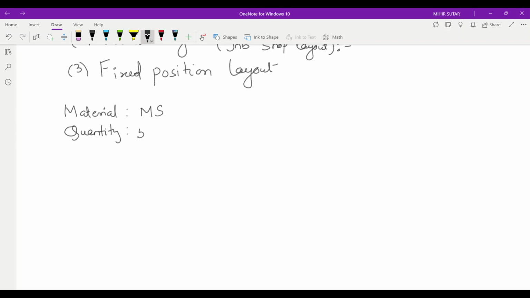Quantity 50. And this is a figure, you have to cut one slot. This is one example I am telling you so that you can know what a route sheet is.